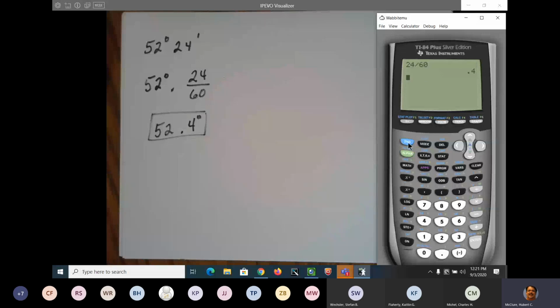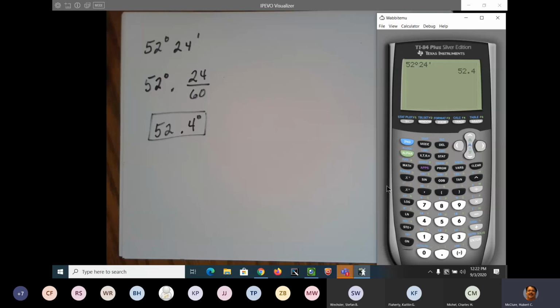You use second angle. So we're going to type it in. Let me hit clear. So 52 second angle, which is apps, degrees, and 24 second apps, minutes, and then hit enter.